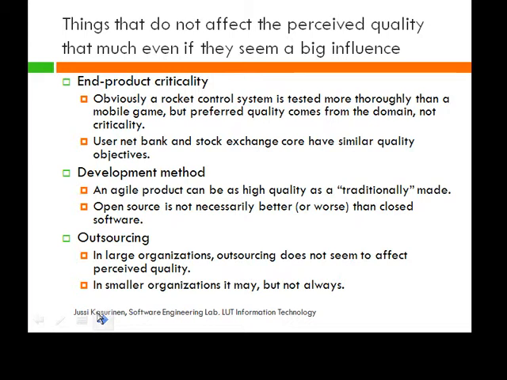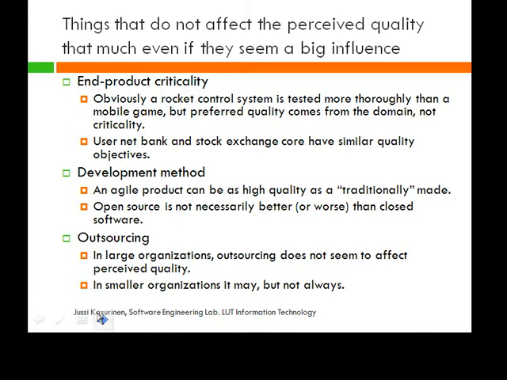Okay. On the other hand, there were some concepts that, based on common knowledge, may seem important for quality, but don't really affect it that much. The most important thing was the end product criticality, which I explained earlier. The rocket control system obviously is tested more thoroughly than a mobile game, but actually the preferred quality comes from the domain of the product, not from the criticality of the end product.